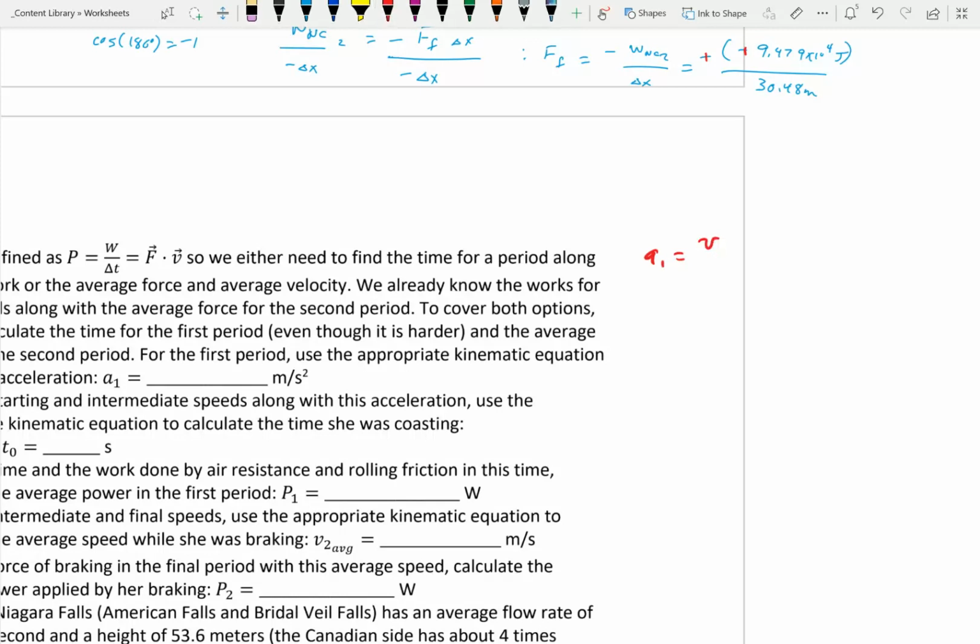v1 squared minus v initial squared all over 2, and my distance is d minus delta x. That's 1 mile minus 100 feet.